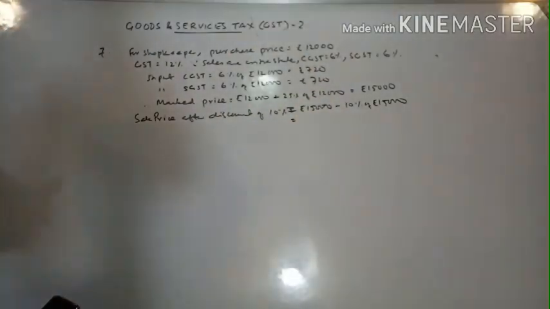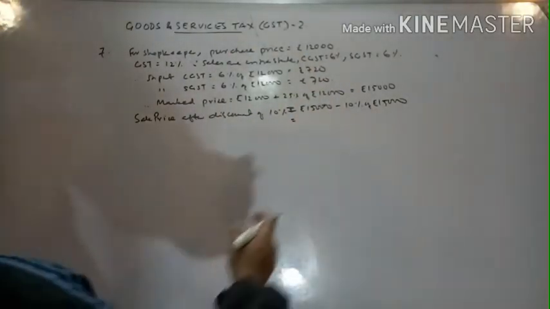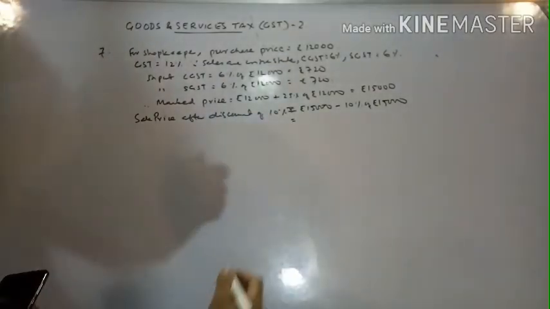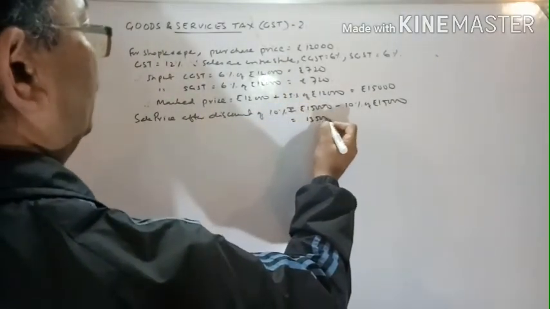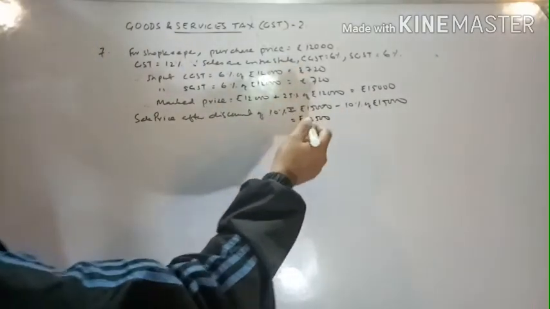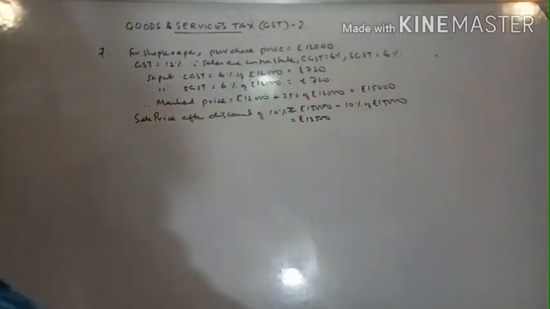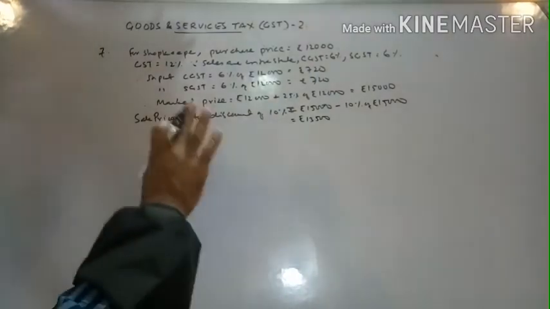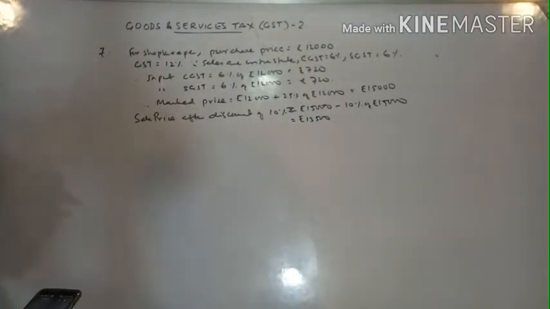So 10% of 15,000 will be 1,500. If you subtract 1,500 from 15,000, you get 13,500. So now the price is 13,500.